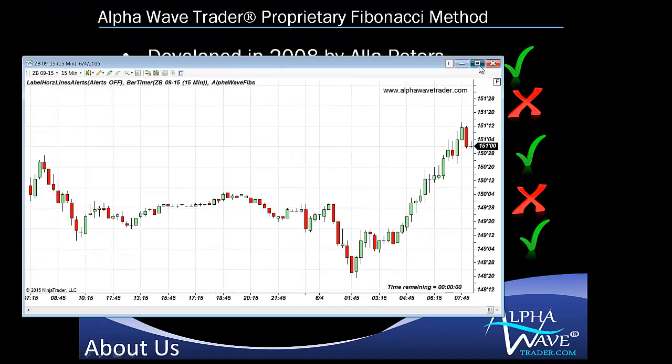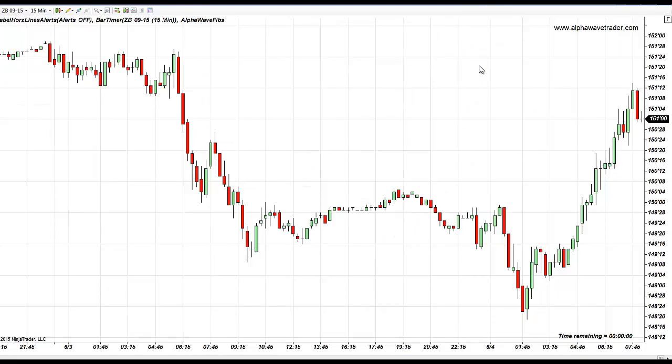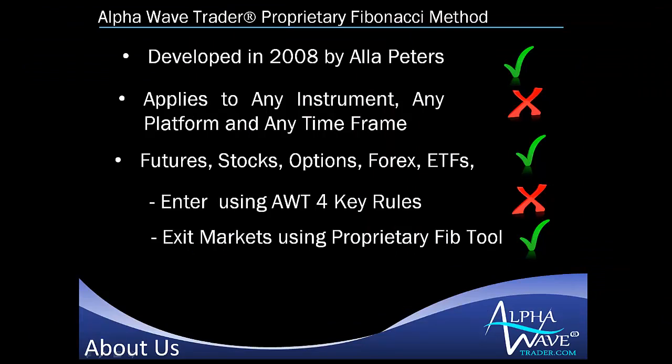This is a bonds 15-minute chart. As I will show you time and time again, every single support and resistance in the market is not random. It is formed by Fibonacci level. Therefore, the method that I developed applies to any instrument, any platform, any time frame.